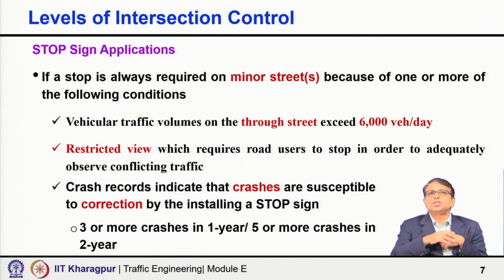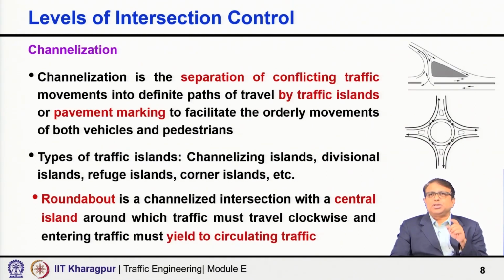For example, 3 or more crashes in 1 year, or maybe 5 or more crashes over the last 2 years. Such situations typically may indicate that a stop sign application is appropriate if necessary correction is expected by installing a stop sign. So, you carefully understand the difference between the stop sign and the yield sign.